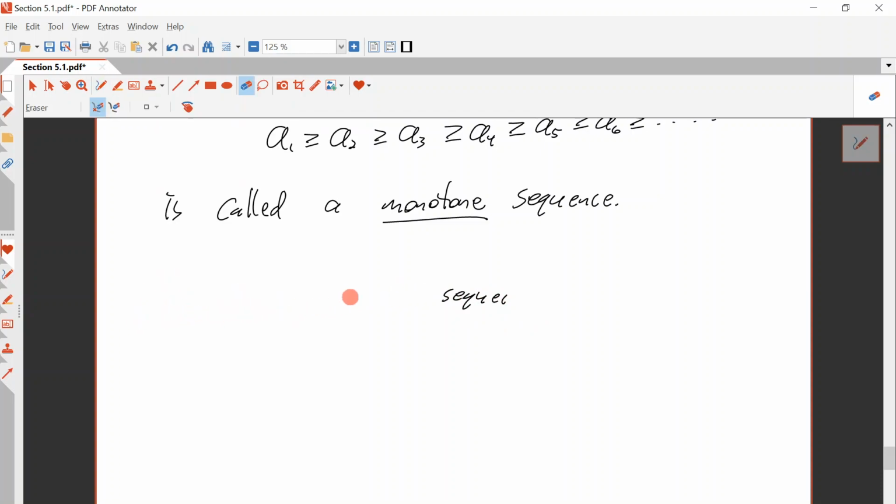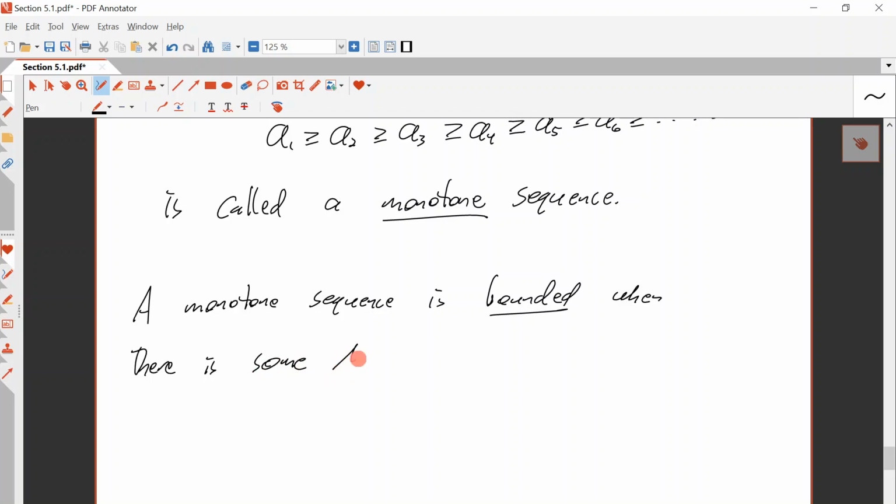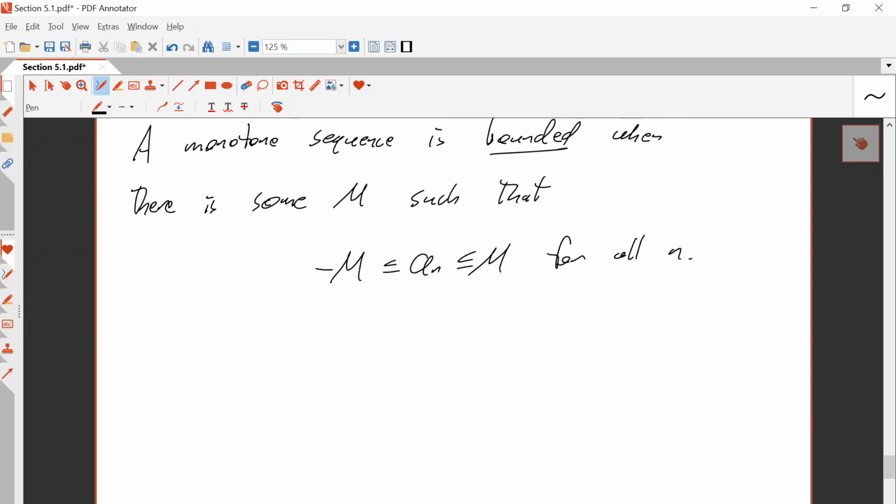A monotone sequence is bounded when there is some m such that minus m is less than or equal to a_n is less than or equal to m for all n. So it doesn't march off to infinity in any way. It gets stuck between some positive maximum and the negative of that maximum.